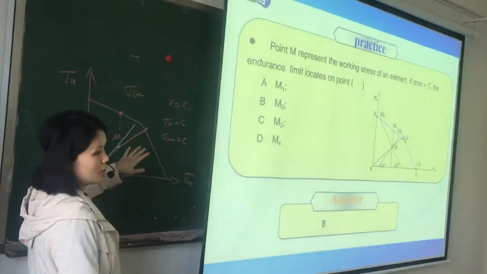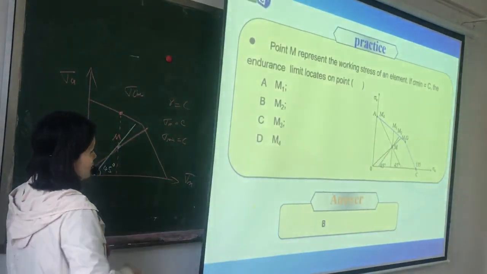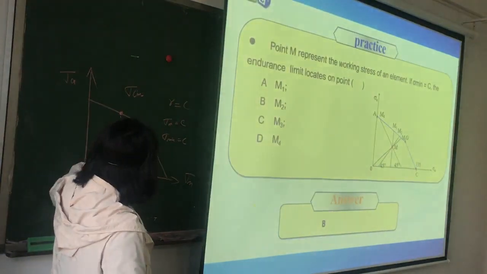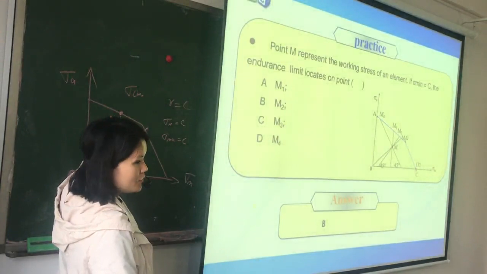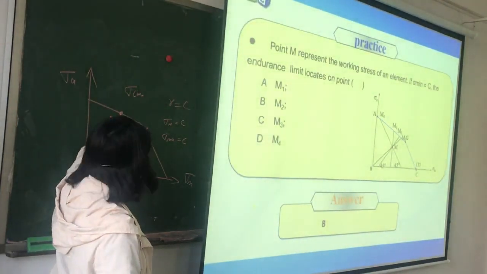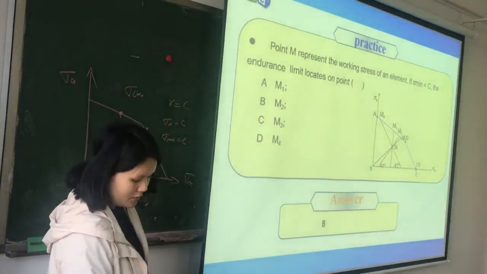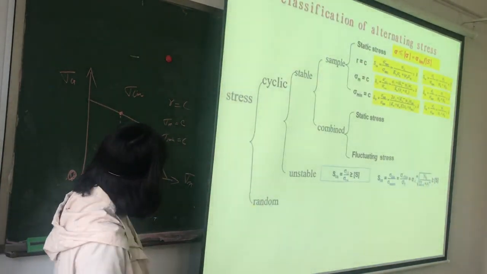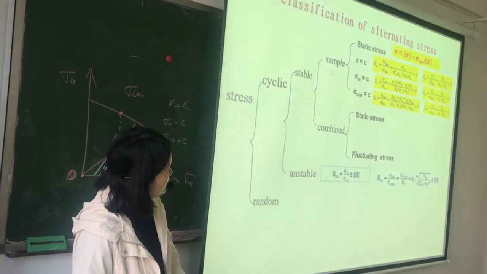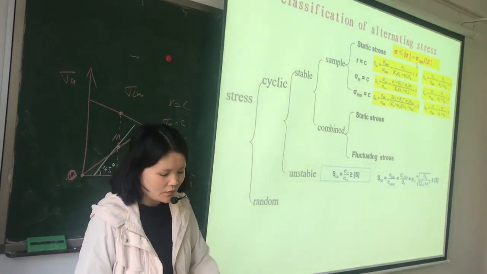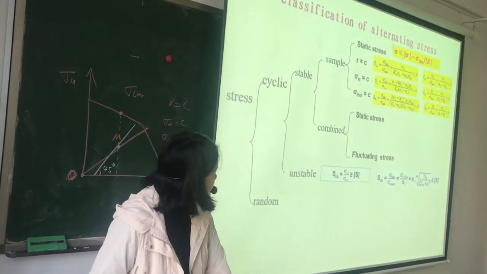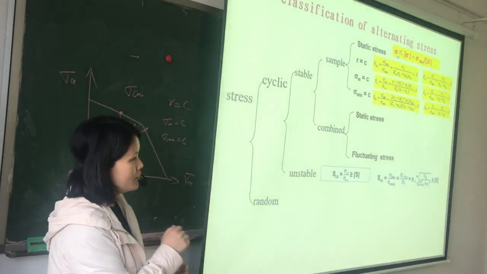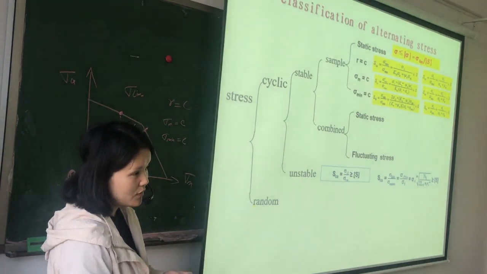These are the three situations for fluctuating stress and how to find the endurance limit or critical stress. Let's summarize again. For static stress, the maximum stress should be less than the allowable stress.